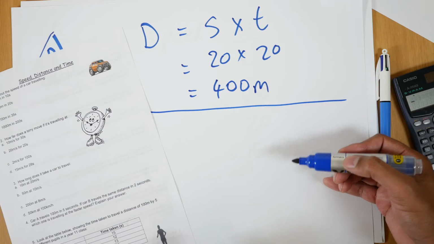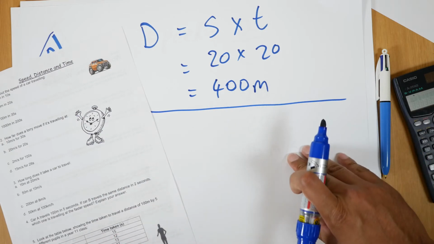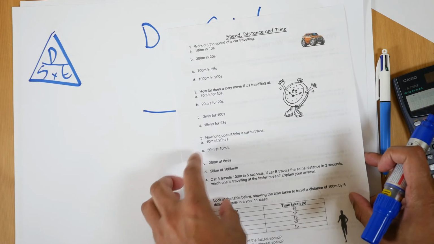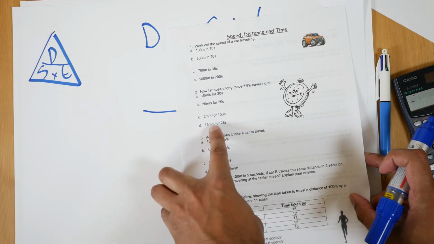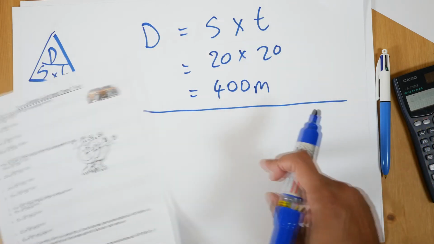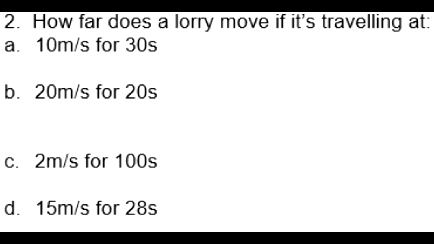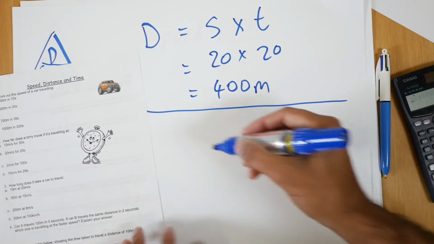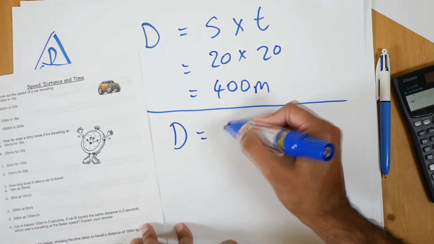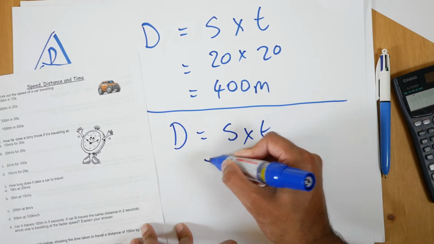So let's have a look at question number 2D. It says, how far does a lorry move if it's traveling at 15 meters per second for 28 seconds? So D is S times T. That's 1 mark already.